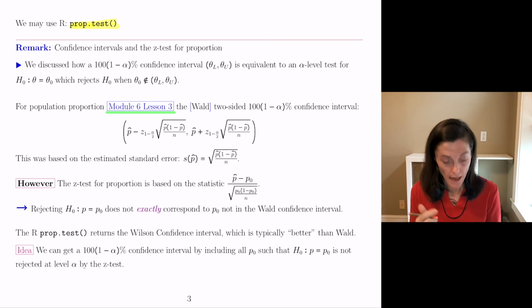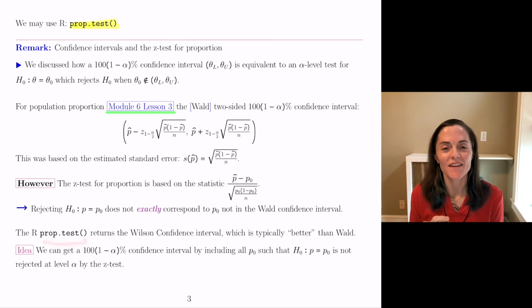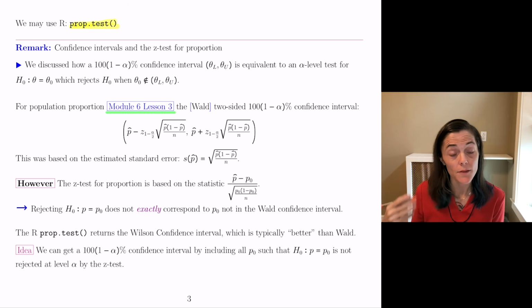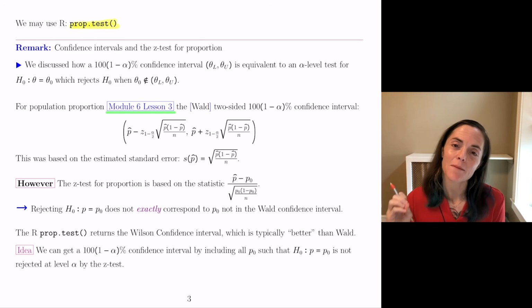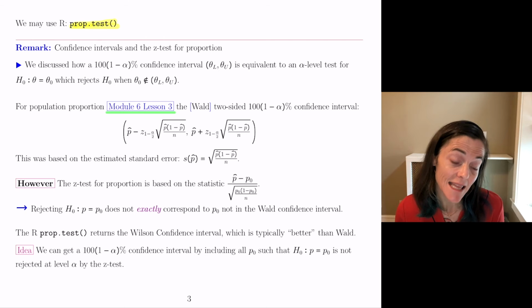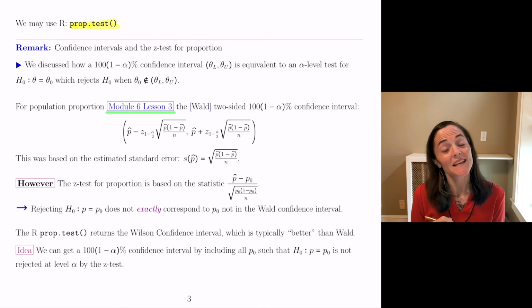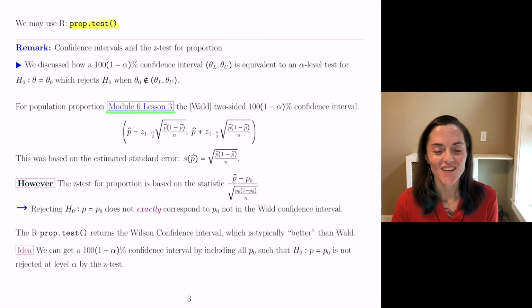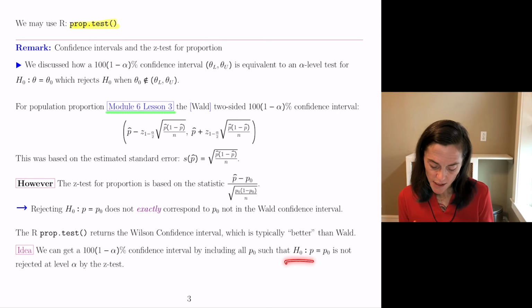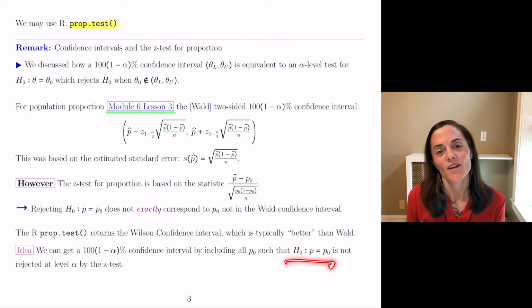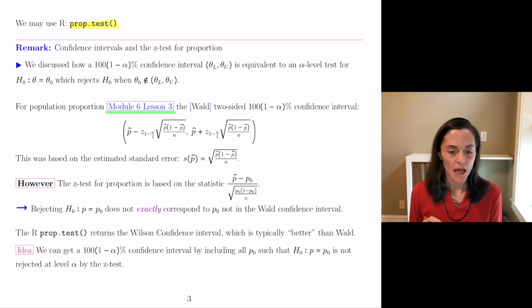In R, prop.test will return a confidence interval, and it's what's called the Wilson confidence interval. It's typically better than the Wald. I won't go into the mathematical details, but the idea is that you get a 100 times (1 minus alpha) % confidence interval by including all p0 such that H0, the null being p equals p0, is not rejected at level alpha by the z-test.